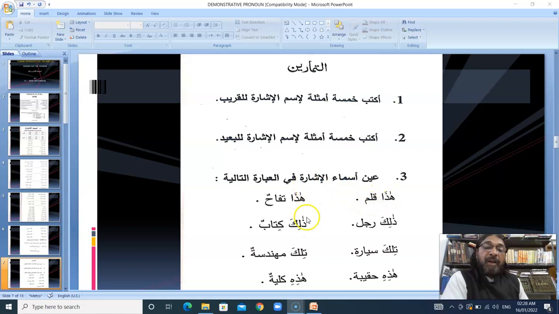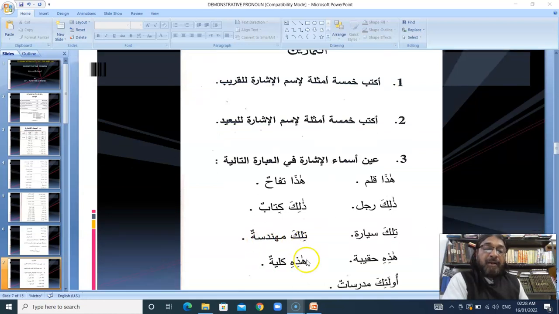So we have to find out asma'ul ishara from these. Okay, haza qalamun, haza is asma'ul ishara. Haza tuffahun, this is an apple, haza is asma'ul ishara. Zalika rajulun, that is a man, zalika asma'ul ishara. Zalika kitabun, that is a book. Tilka sayyaratun, that is a car, tilka is asma'ul ishara. Tilka muhandisatun, lady engineer. Hazihi haqibatun, this is a bag.